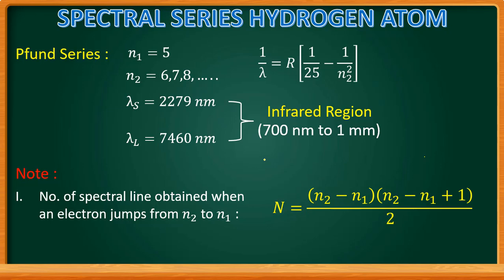For the first member or first line we have to take n2 equal to n1 plus 1. Similarly, for the second member we have to take n2 equal to n1 plus 2, for the fourth member n1 plus 4, for the fifth member n1 plus 5, and so on. Yes, this is all about the lecture.